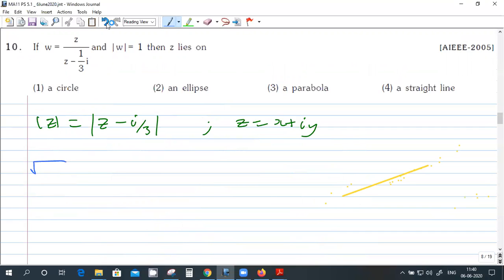Got it? Yes, sir. What is the answer? Straight line.